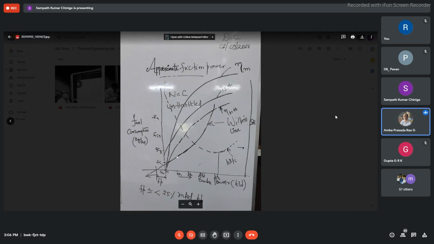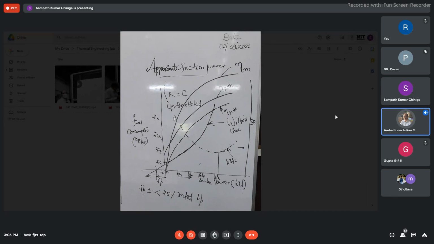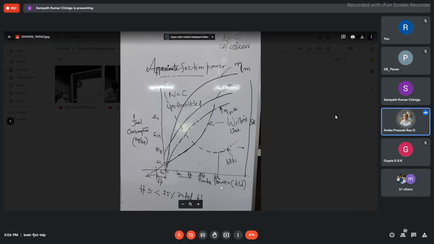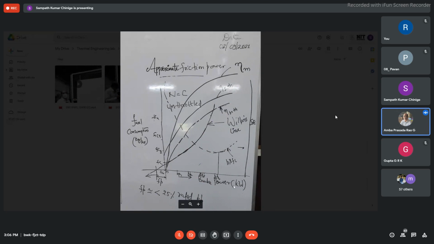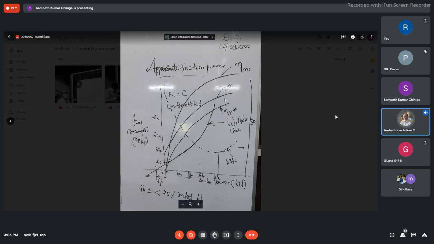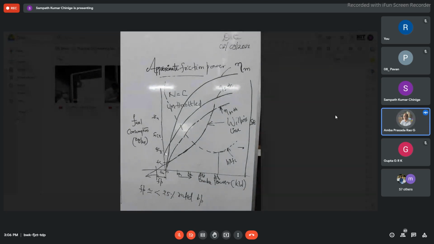Then once you get the thermal efficiency for every x-axis value, you are plotting this graph. So it is starting from 0, you have got this trend. And next you go to the indicated thermal efficiency. As I told you, when you add 0 brake power to your friction power, initially indicated power is obtained. So it starts with some value here on the Y axis.